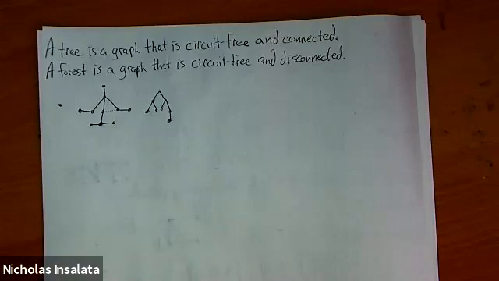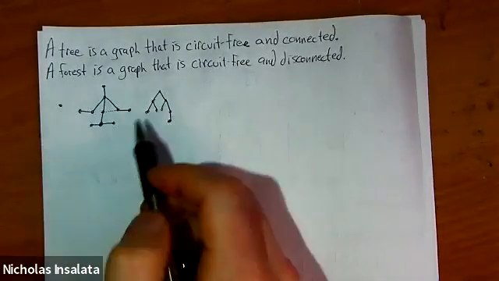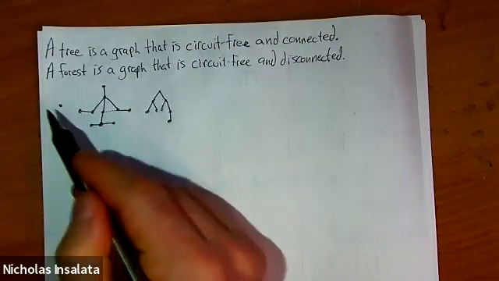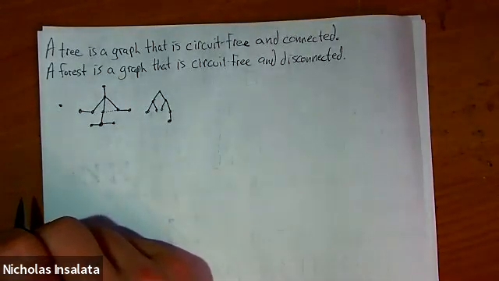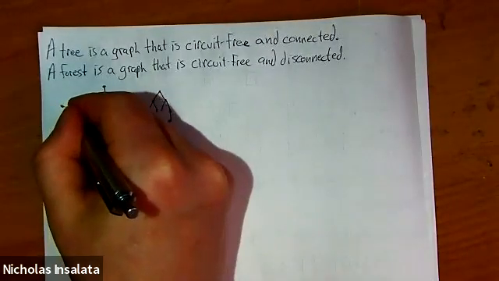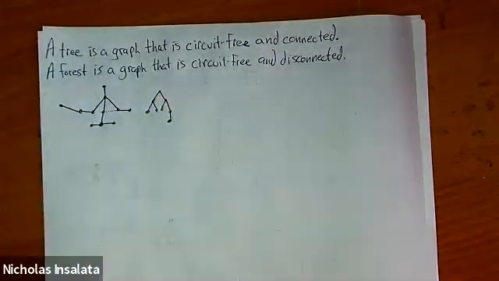Yeah, between trees, between two different components. So if I have this whole thing as my graph, these three trees, and I add an edge between two of the trees, that's fine. It's still a forest.